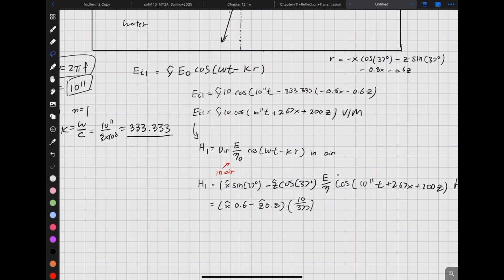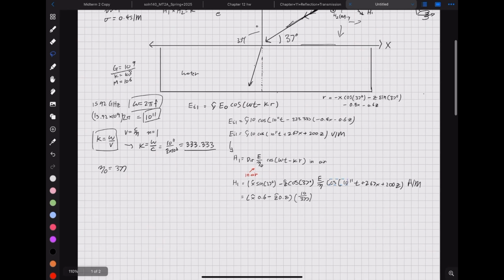This is going to be the same down here, so let's just duplicate it.